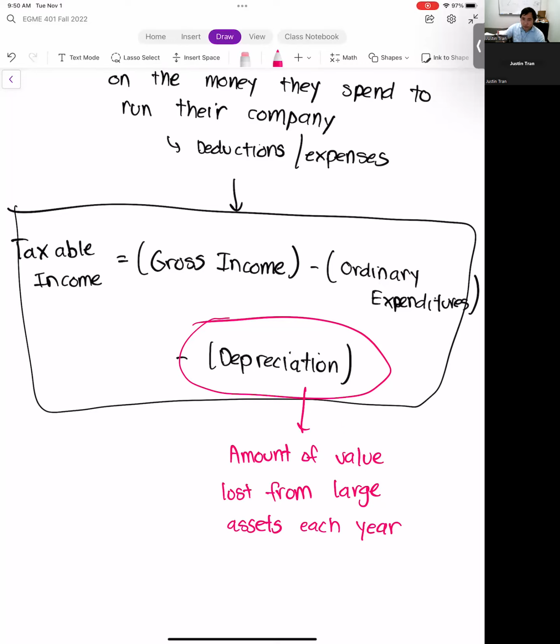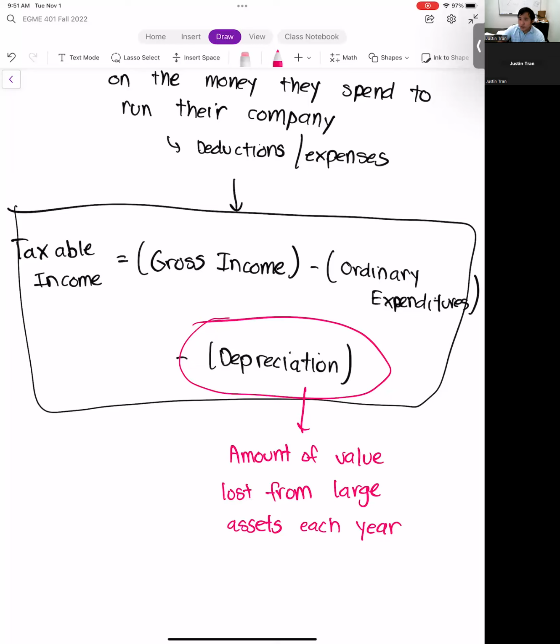Same thing for labor costs. When you pay your employees, the company doesn't retain any value from paying the employees. Hopefully the company pays their employees enough so that they retain them for long periods of time, but once that money passes from the company to the employees, that's their money. For large assets, it's different.